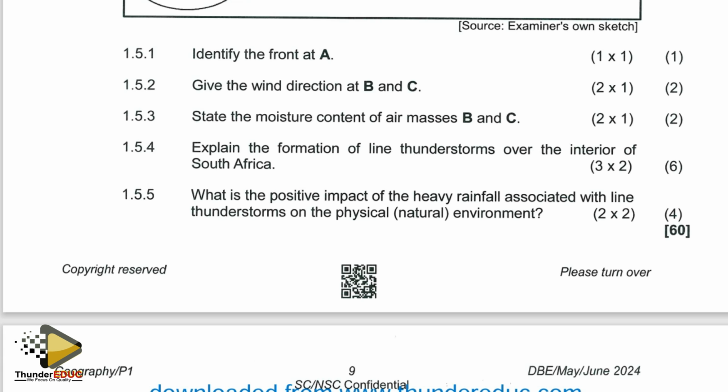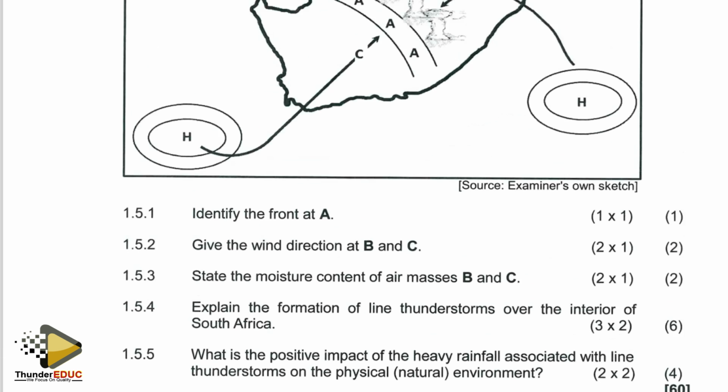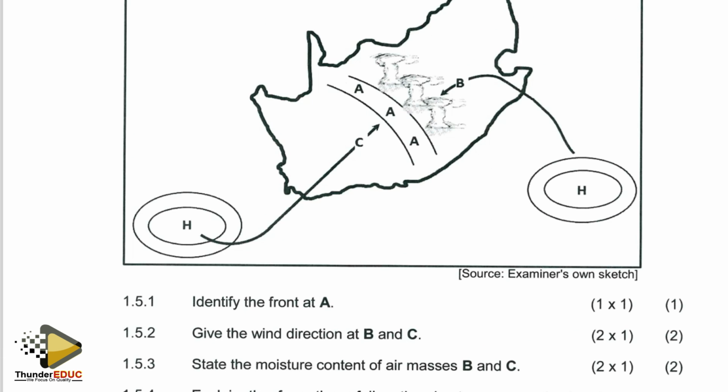Right, we'll try just to summarize how the moisture front forms. The basic instance is that the high pressure cell over the eastern part, which is the South Indian, feeds in warm and moist air.